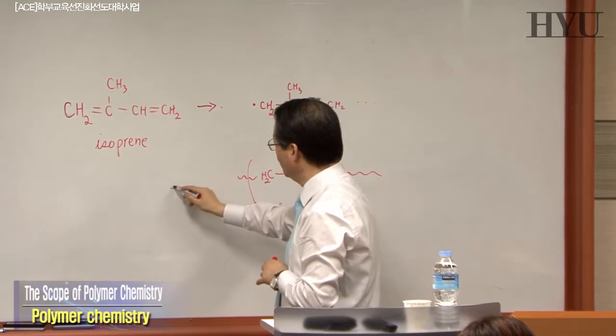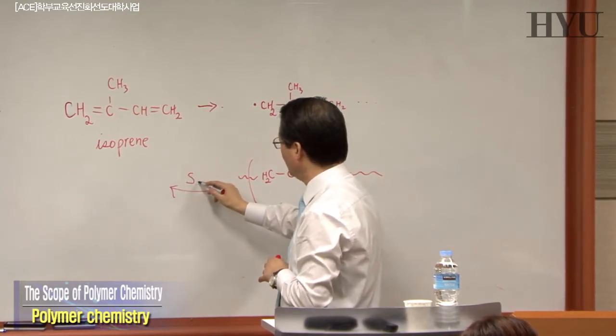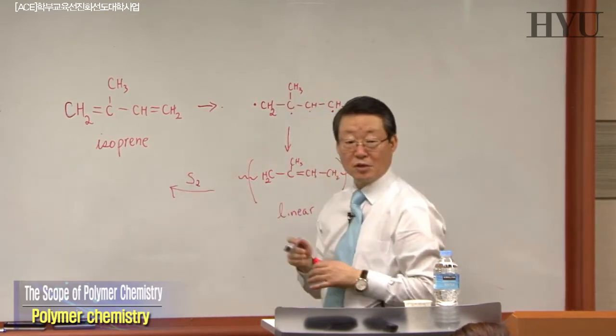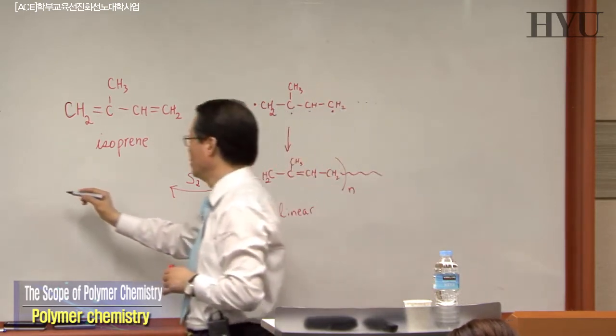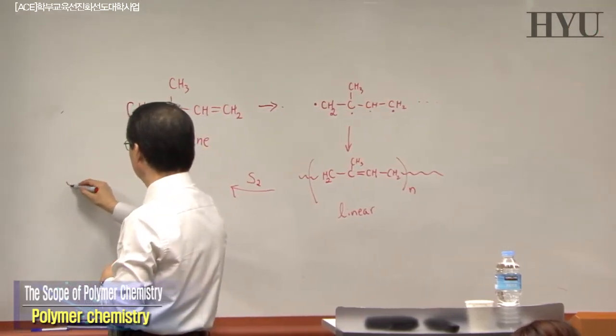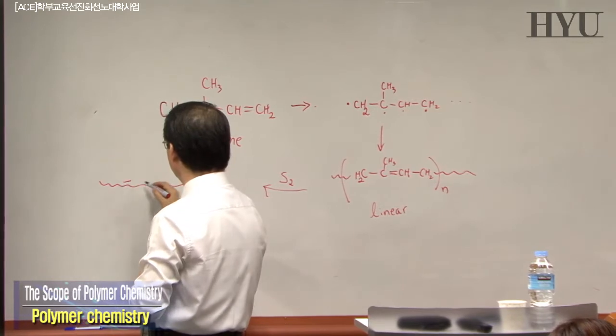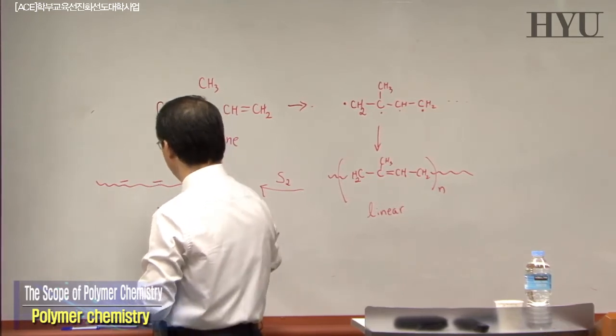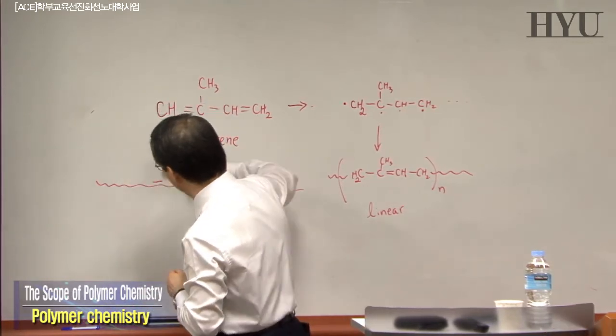The linear polymer can be cross-linked once you add the sulfur. The sulfur becomes two radicals if you heat it up.